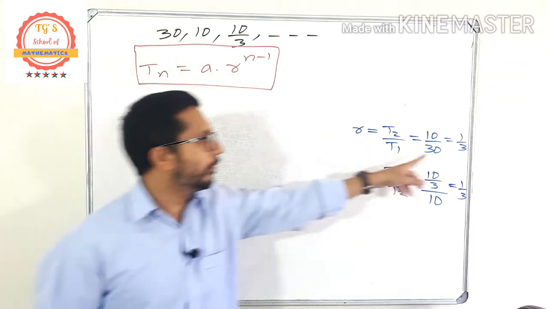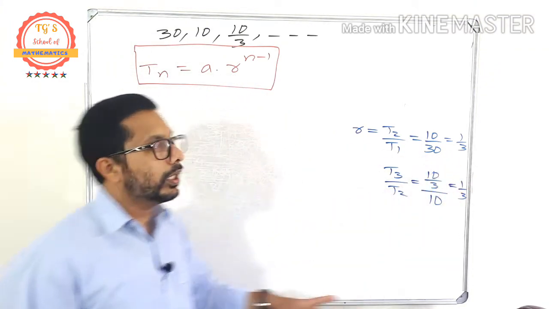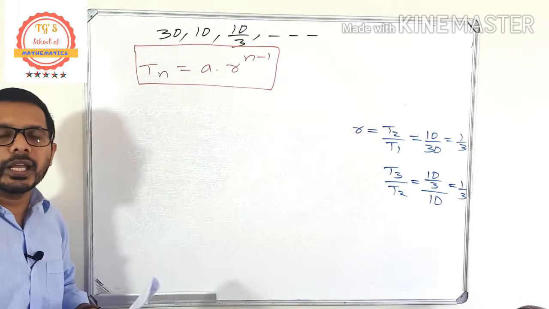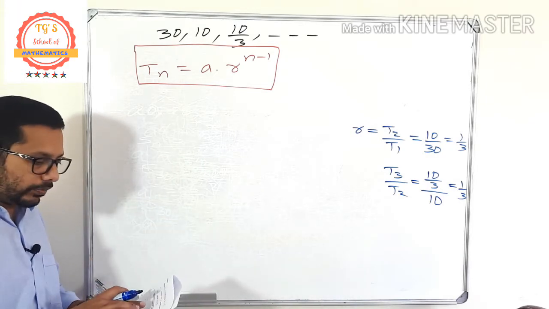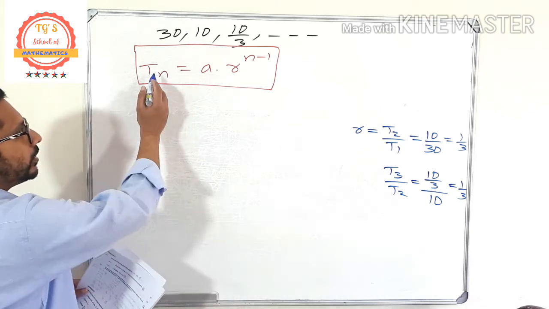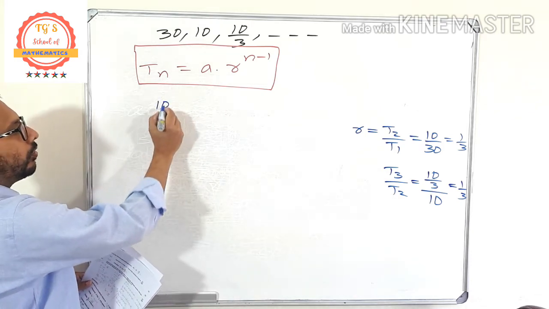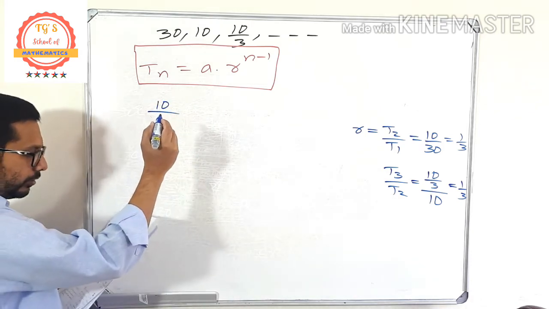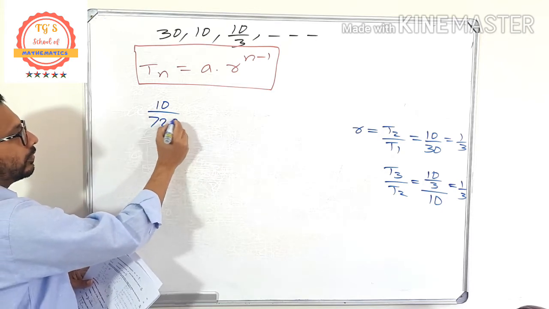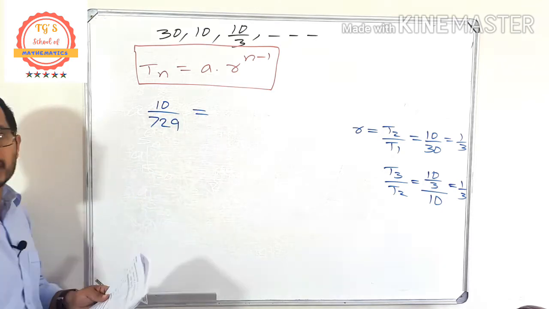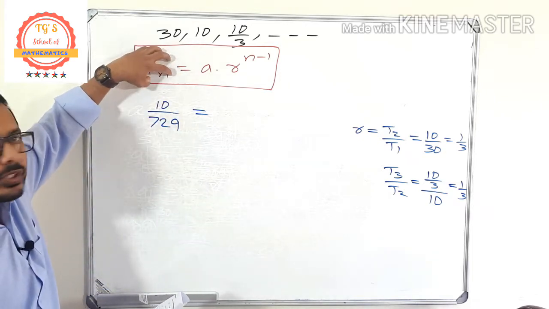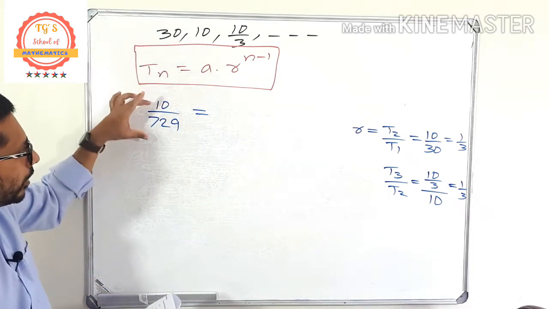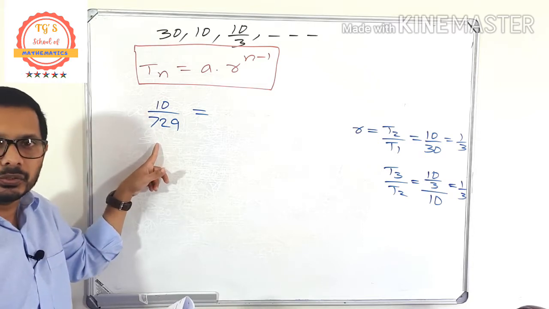We already got the value of r as 1 over 3. And what is Tn? The nth term, or the last term. It is directly given in this question that the nth term is 10 over 729. That means the value of Tn is given.